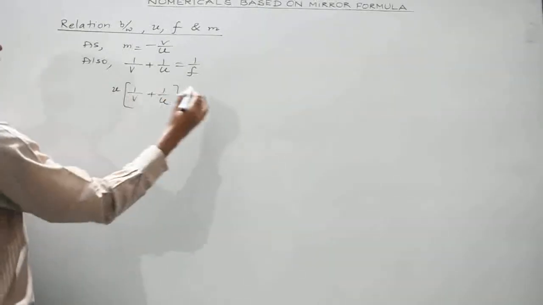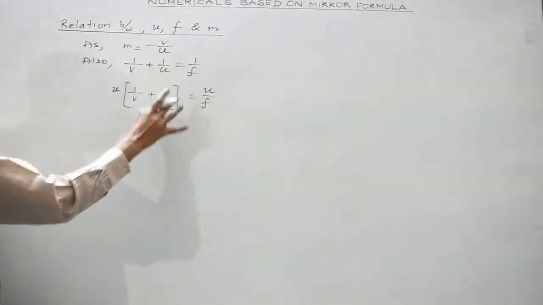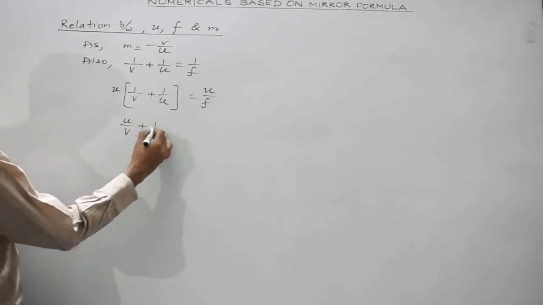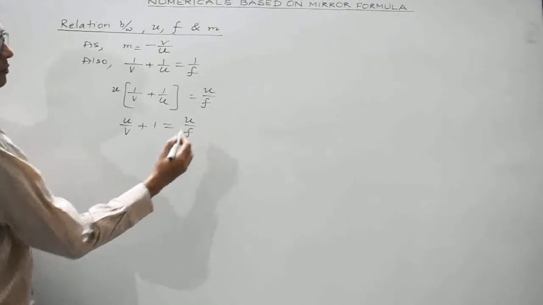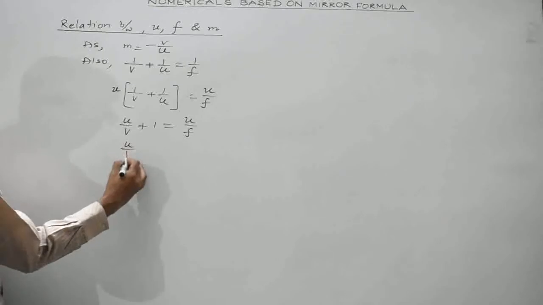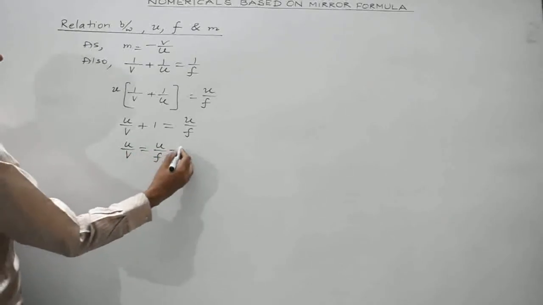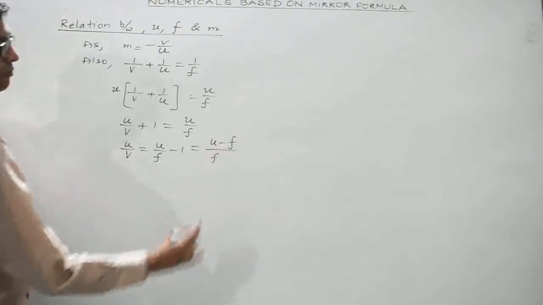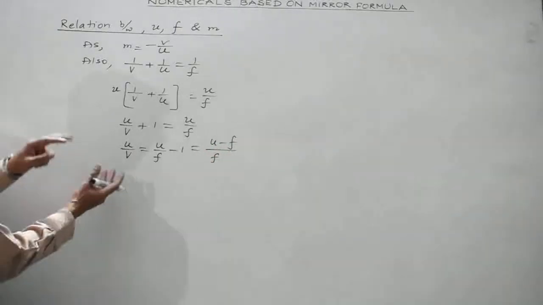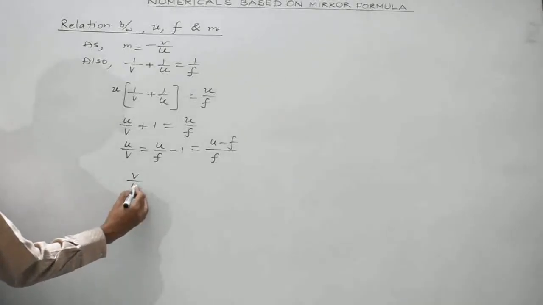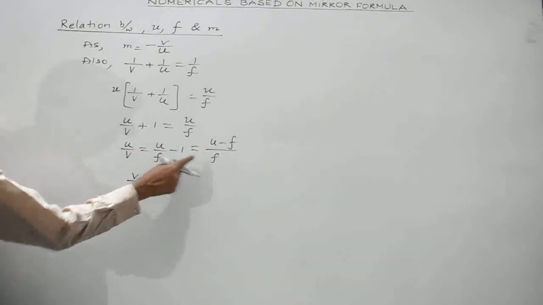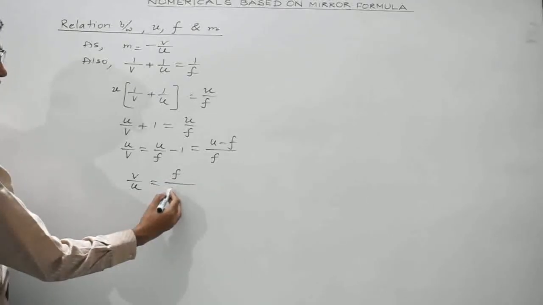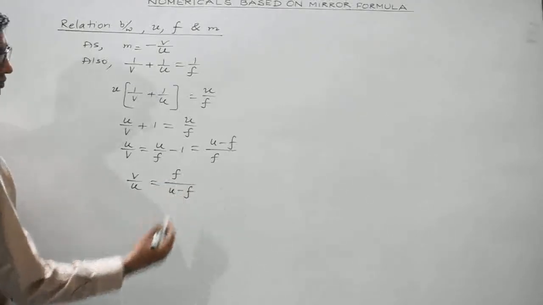On solving, what we get is u by v plus 1 is equal to u by f, or u by v is equal to u by f minus 1. So taking LCM we get u minus f by f. Taking reciprocal, v by u will be equal to f divided by u minus f.